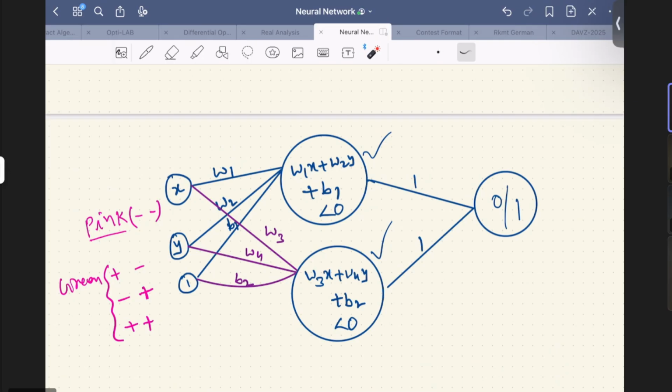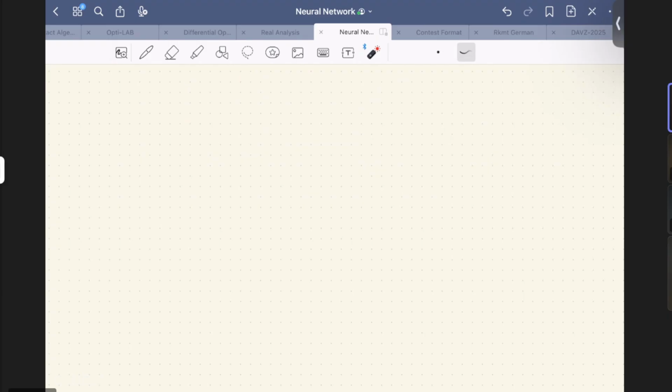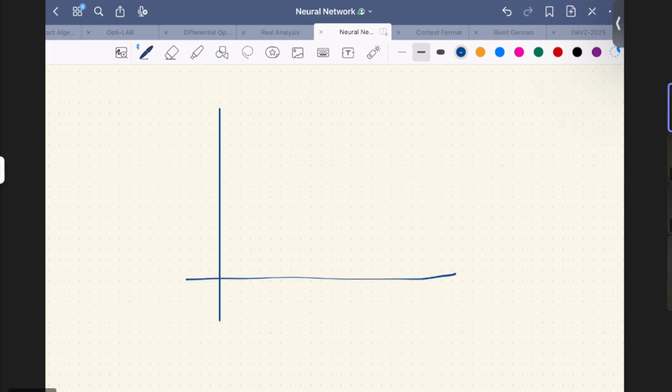Now from the theoretical point of view, my question is, if you have something like this, I will give something more complex. Okay, not very complex. Let's say if we have another pink point, let's say no, not like this. Let's say this is a pink point, and you have green points.